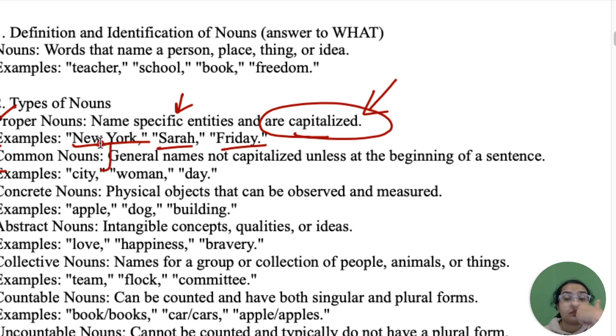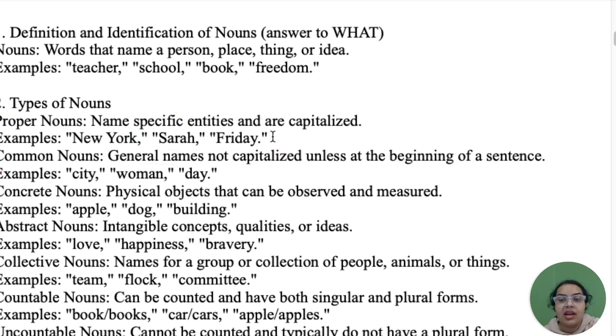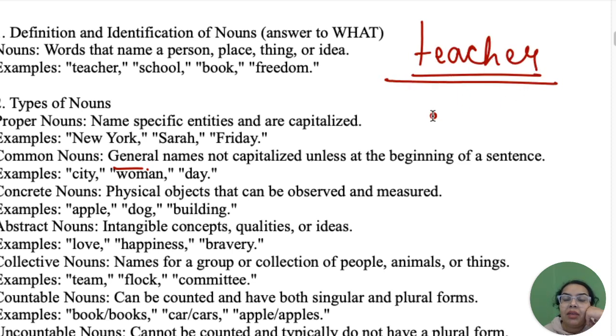Then come common nouns. These are interesting ones because these are the general names and no capitalization is required unless they are the first word of the sentence. So these common nouns are names that can stand for anyone. Like when I say the word teacher, जब मैं teacher बोलती हूँ, it can mean any teacher. We have so many faculties here.